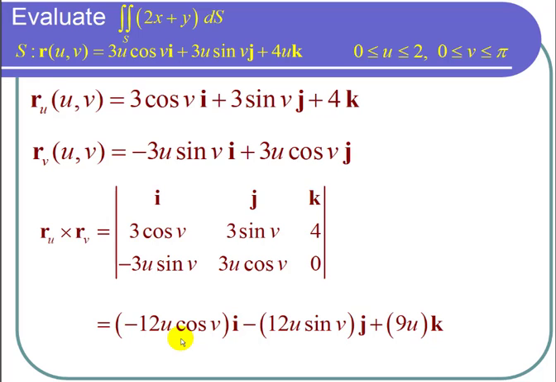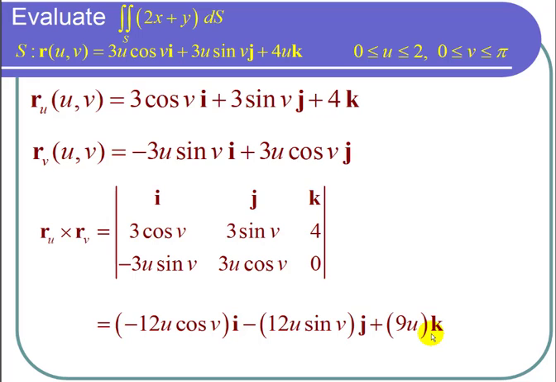To find that magnitude, it helps to factor out a 3u out of this vector. What I'm left with is negative 4 cosine v i minus 4 sine v j plus 3k.